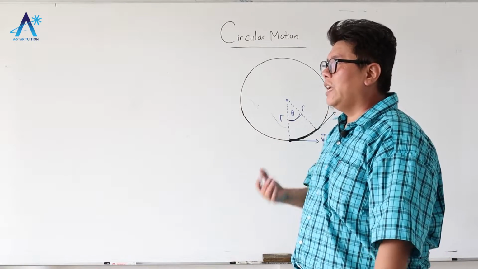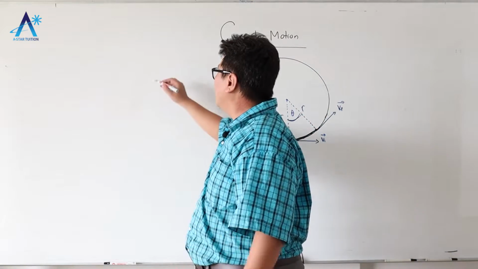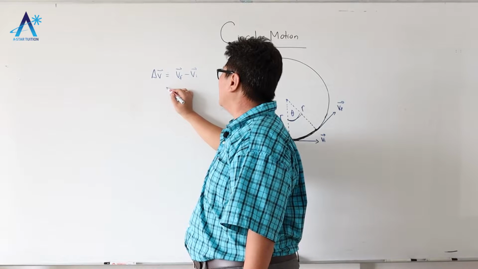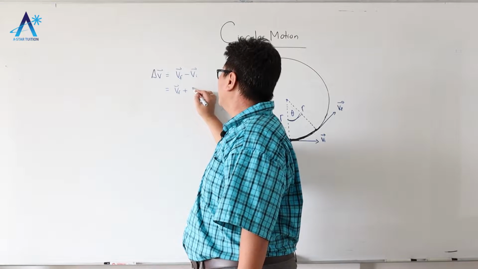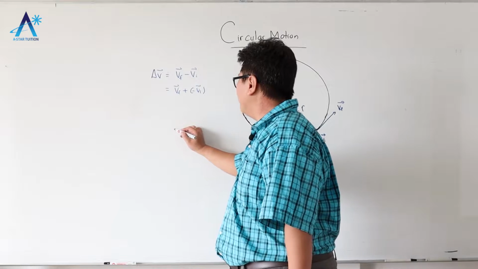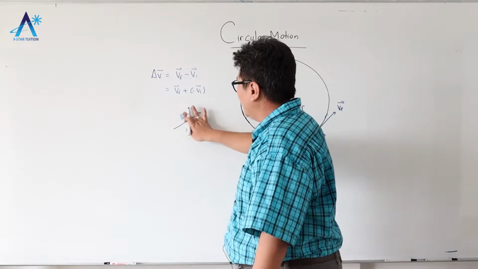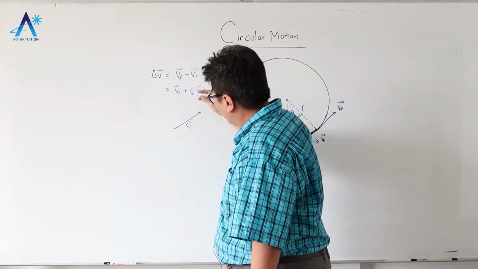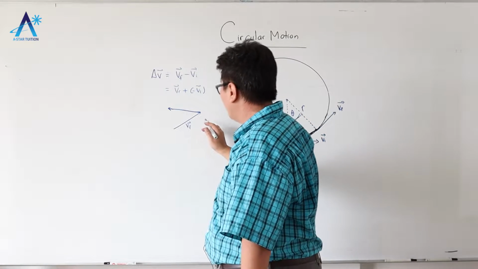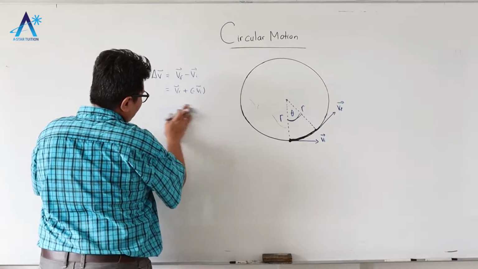Remember, how do you find change in a vector quantity? As we discussed in the vector video, delta v equals v final minus v initial, which is equal to v final plus negative v initial. So you have a vector vf going this way, and then minus vi going that way. Remember that vf and vi both have the same magnitude. Sorry, let me redraw it.